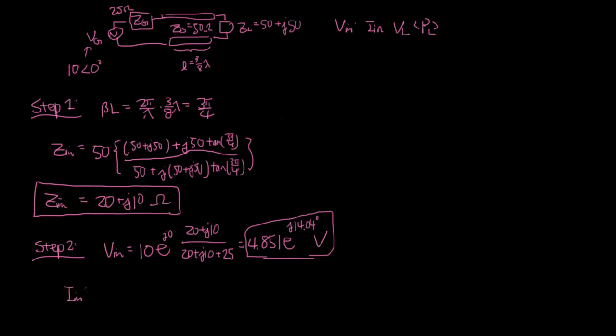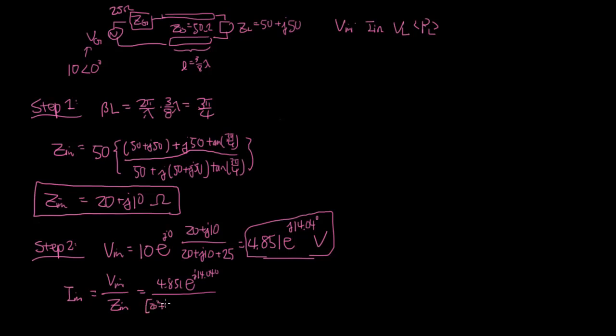And similarly, the input current is going to be the input voltage divided by the input impedance, which is going to be 4.851 e to the j14.04 degrees divided by, in this case, the input impedance. Let's just write out how to convert this into polar form.